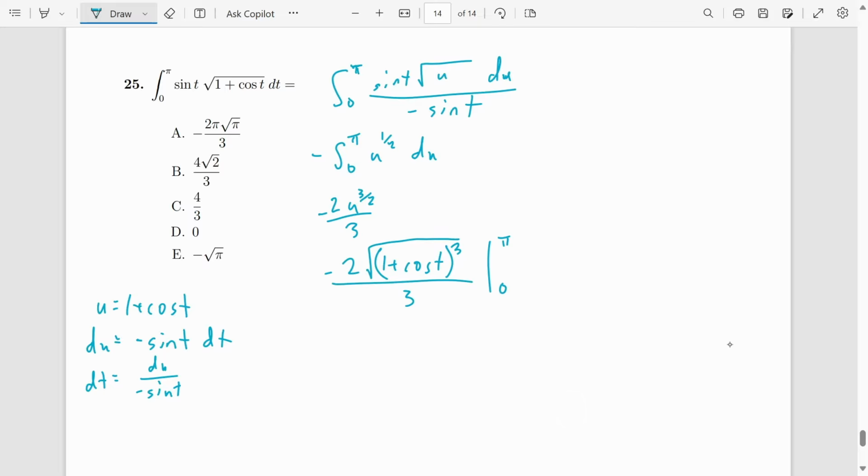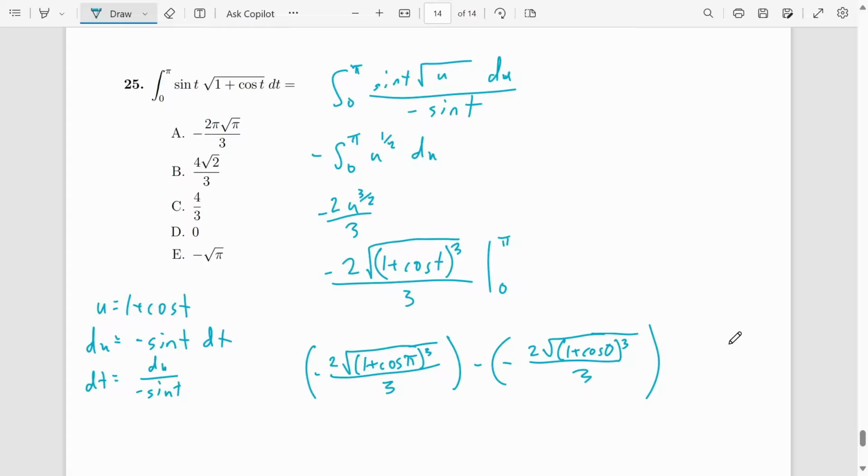So what this means is we plug in pi and then subtract, plug in 0. So this is negative 2 times, what did we say this was? The square root of 1 plus cosine of pi cubed all over 3 minus a negative 2 times the square root of 1 plus cosine of 0 cubed all over 3.